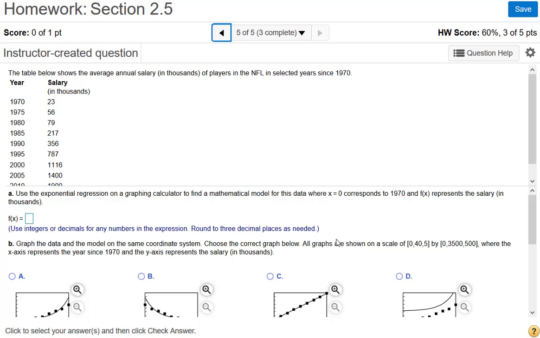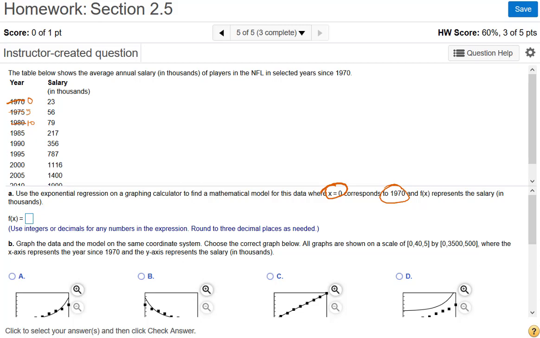On the last question, we have done some like it several times in the past. We need to take out our calculator and enter the data in order to find the regression equation. On our list of data, we want the x equals 0 for 1970, which would make this a 0 and then a 5, 10, and so on.